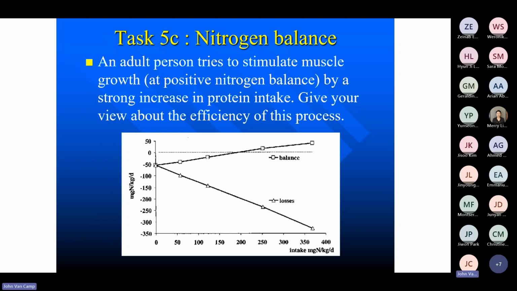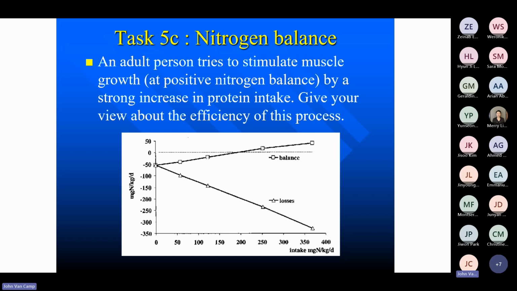So there is a problem-based learning question, but we are not going to solve it in class, but you can think about it yourself. Just think that a person who is an adult would like to stimulate muscle growth. So he would like to eat a lot of protein to get a positive nitrogen balance in order to stimulate synthesis of muscles in the body. And so you eat a lot of protein.